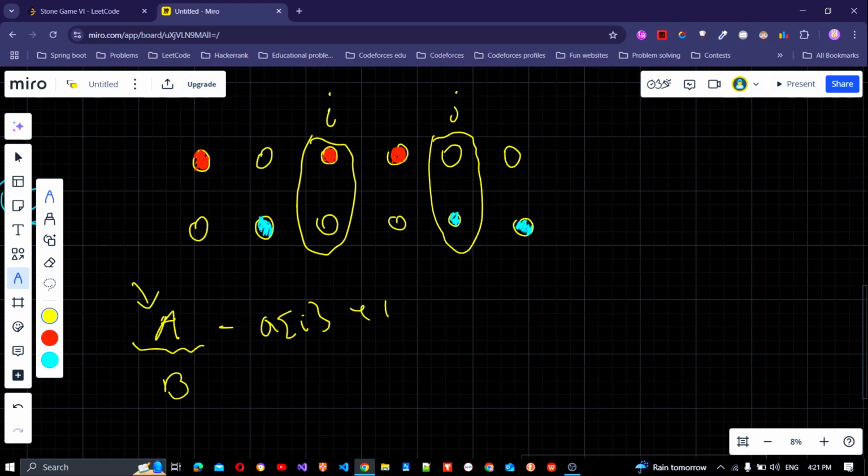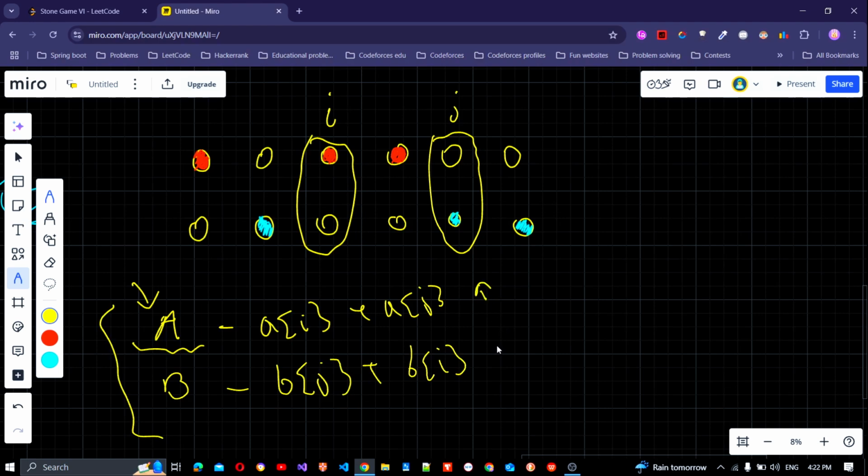Instead, she takes AJ. Bob then leaves BJ, and he takes BI. By this swap, we want to increase the score of Alice and ideally decrease the score of Bob.